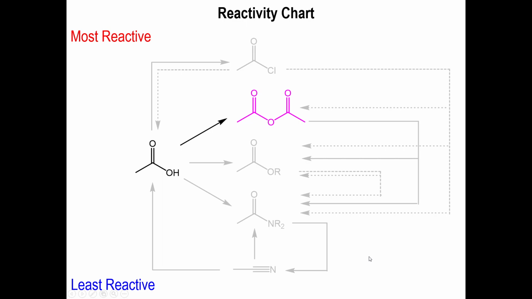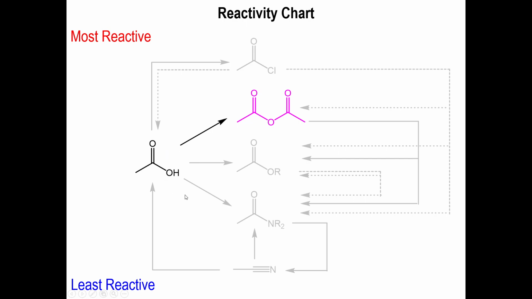Now, the acyl chloride, as we'll see momentarily, can be used to prepare any of the other carboxylic acid derivatives. So it's a very powerful and useful starting point to make functional group transformations. But before we get to that point, I want to show you what else you can do with the carboxylic acid.